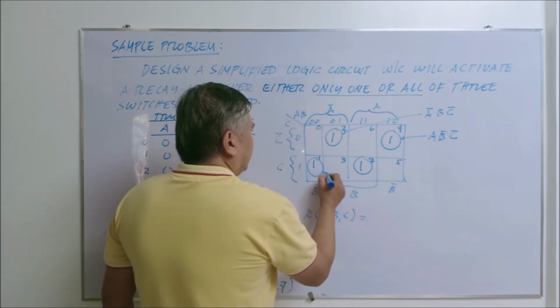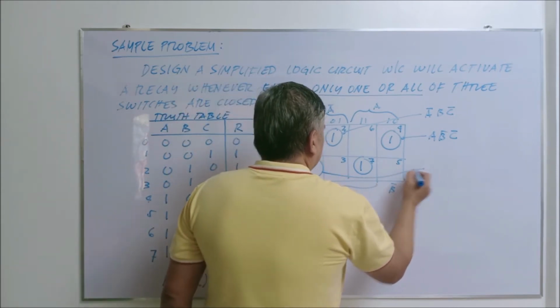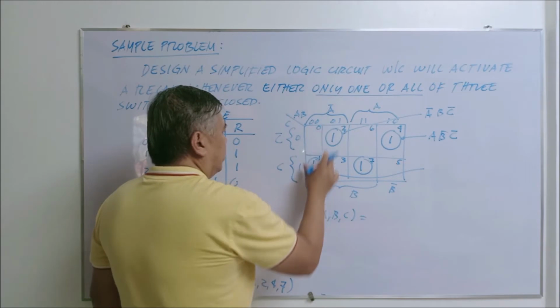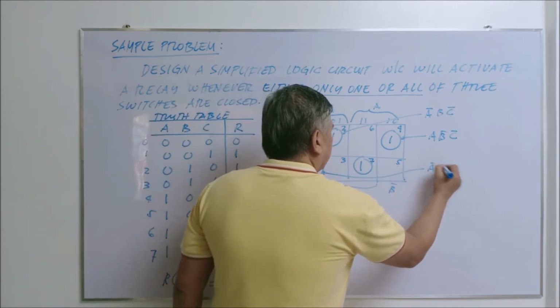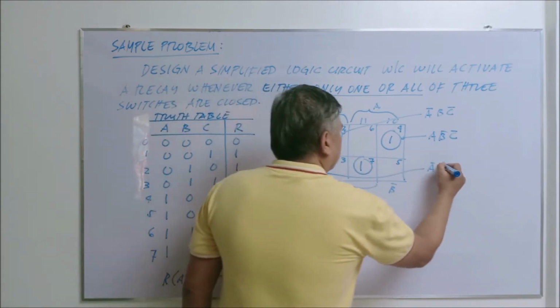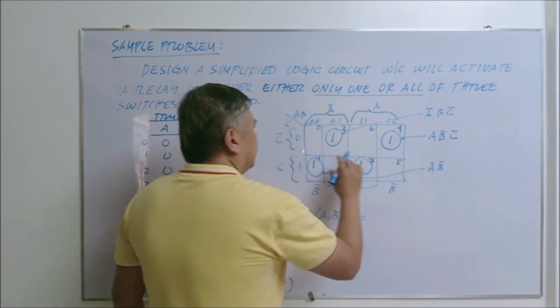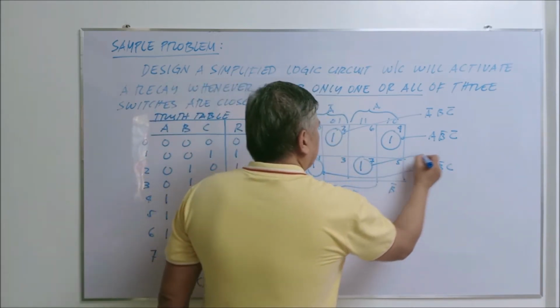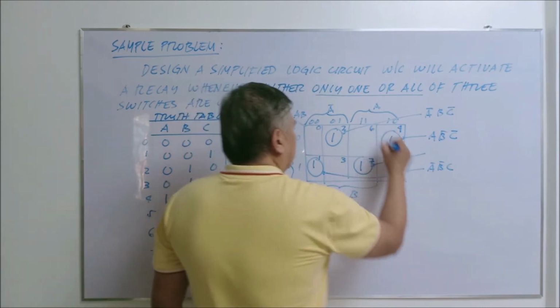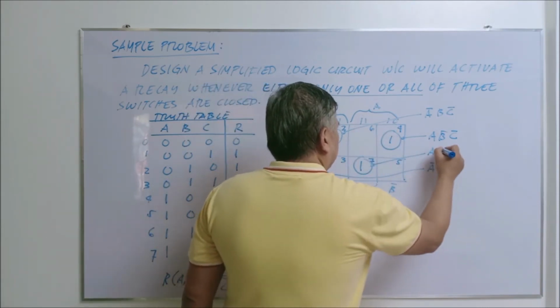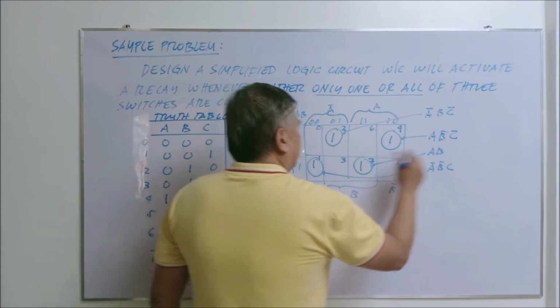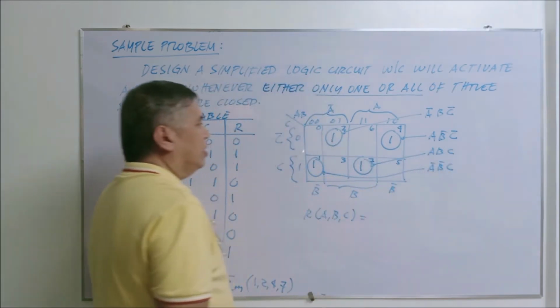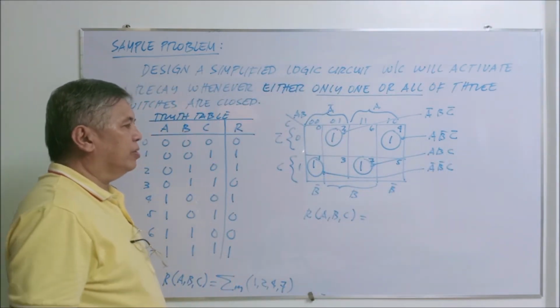This one here will be under A bar, B bar, and C. Then this one here will be under A, B, C. That's the equation or the variable terms.